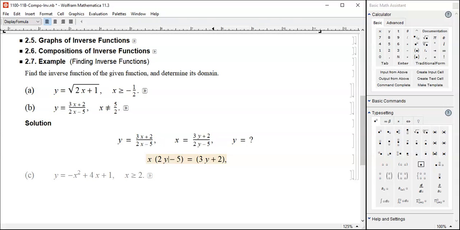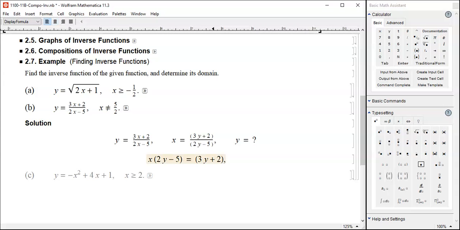Whenever we have big horizontal bar, hidden parentheses are always present. So multiply the denominator to both sides. We got this multiplication. In the right-hand side, we lost the denominator. Okay, step 1 is done.